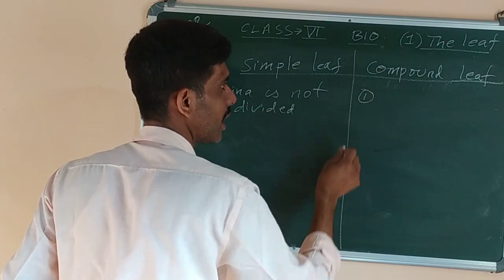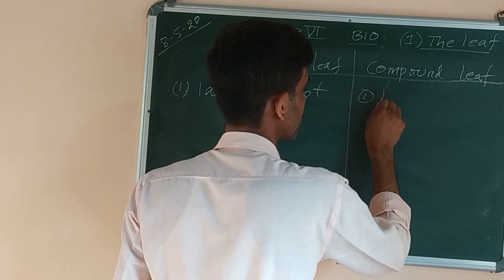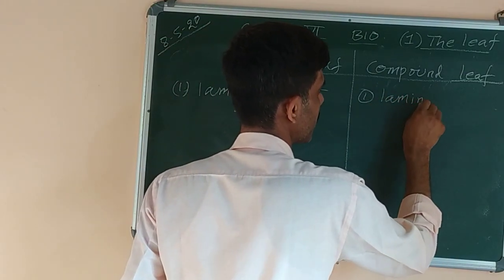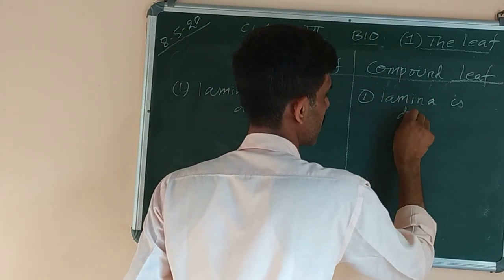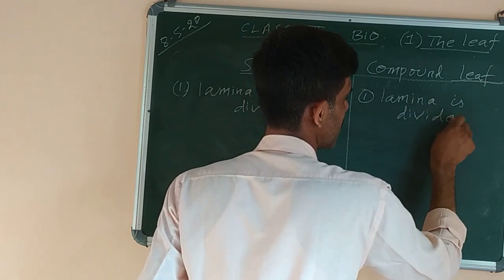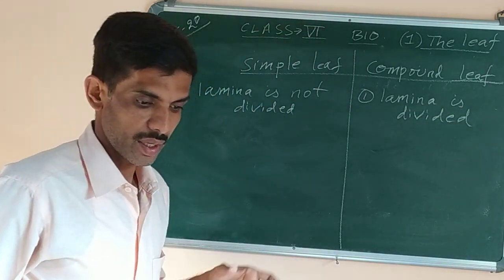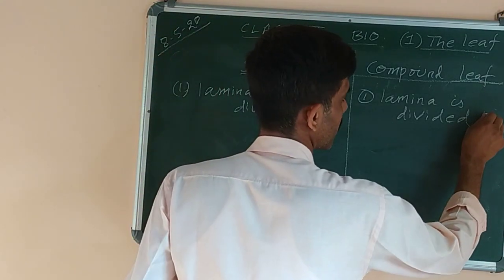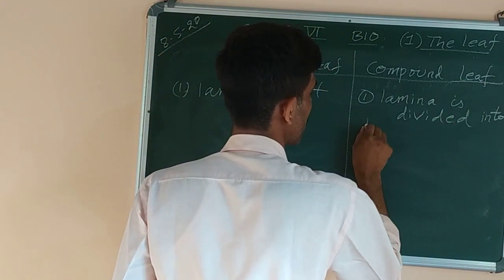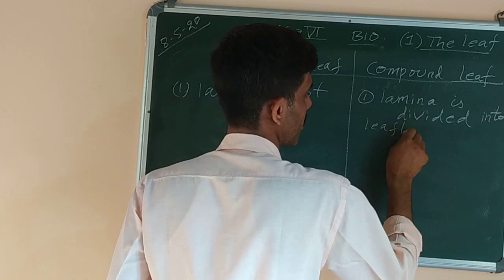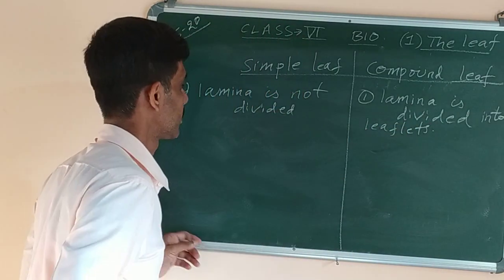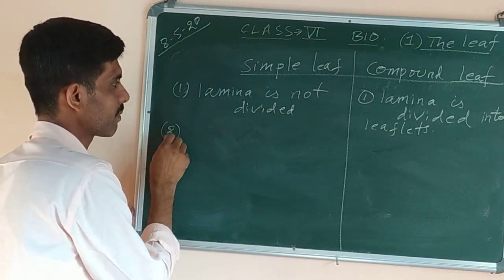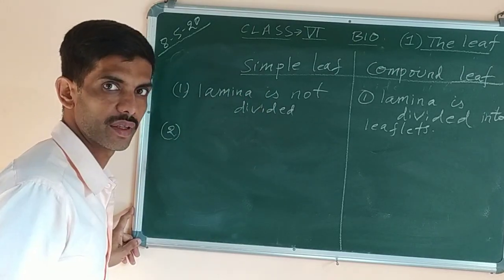Here in the compound leaf, the lamina is divided. Divisions are there, no? Into smaller leaflets. But here there are no leaflets. So the first difference: in a simple leaf, the lamina is not divided.